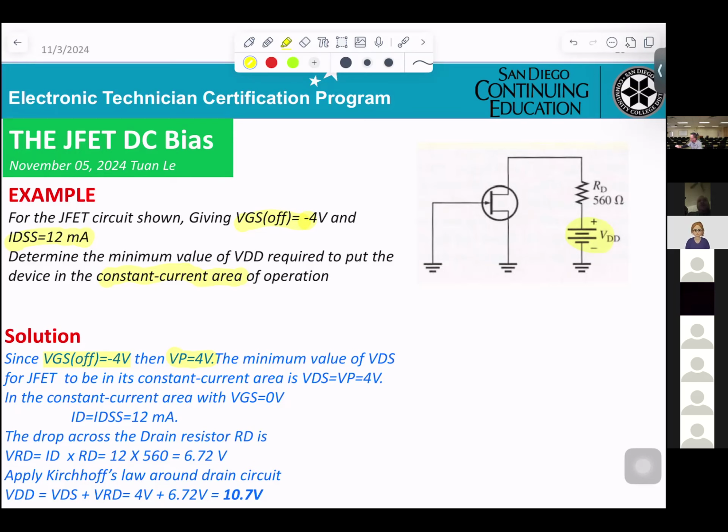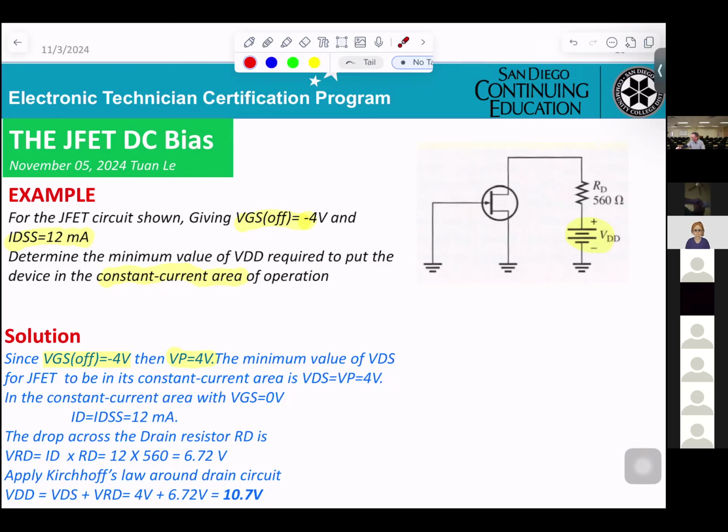The minimum value of VDS of the FET to be in its constant current area means VDS equal VP. In the constant current area, VGS equal 0, so ID equal IDSS equal 12 milliamp.